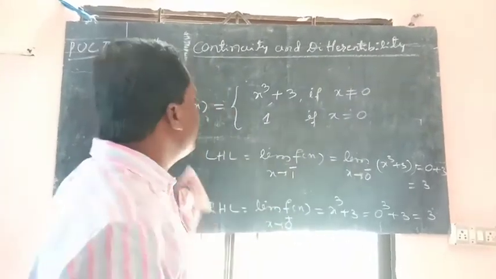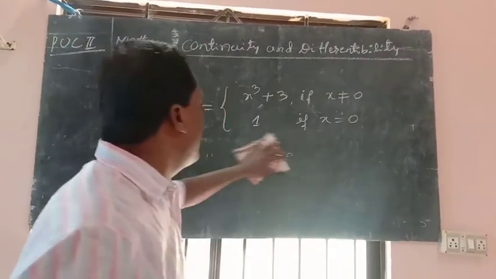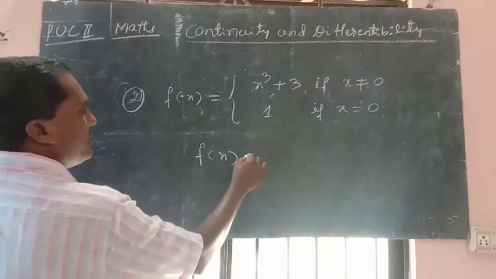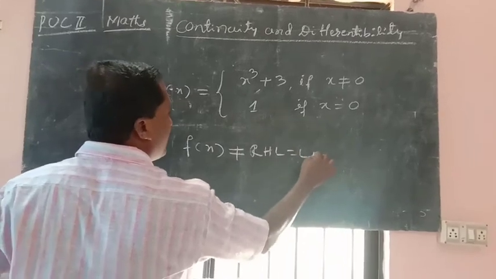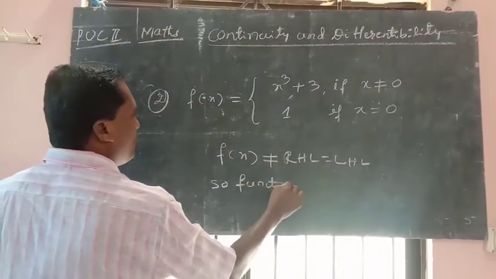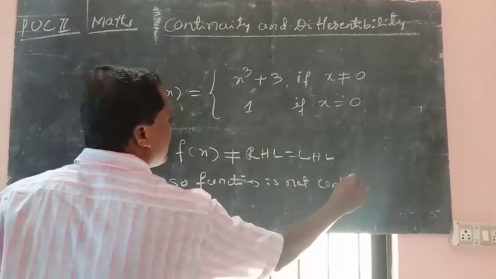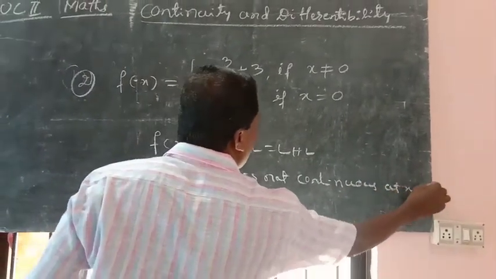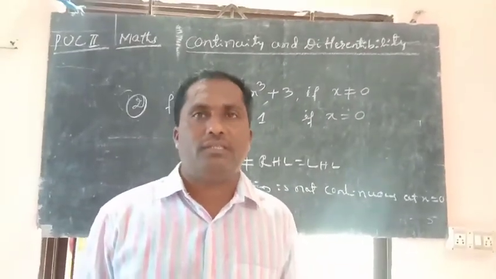No, it is not continuous, because f of x is not equal to RHL equals LHL. So the function is not continuous at x equals 0, or you say it is called a discontinuous function.